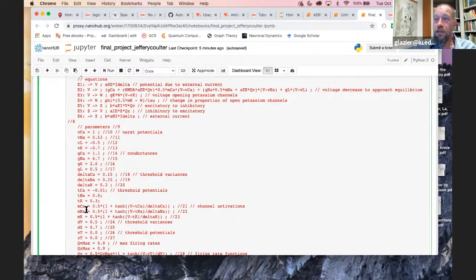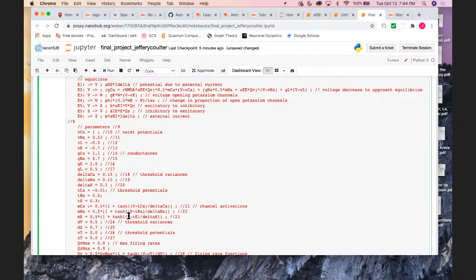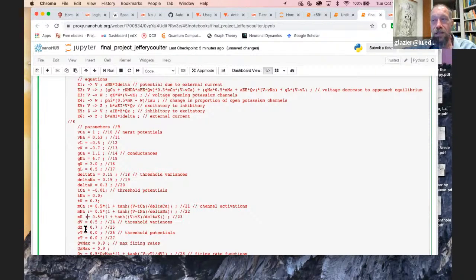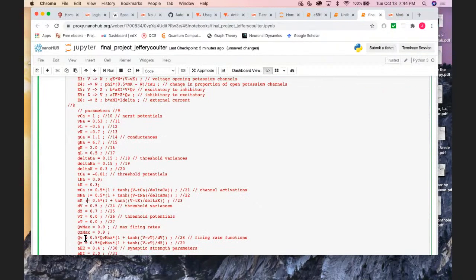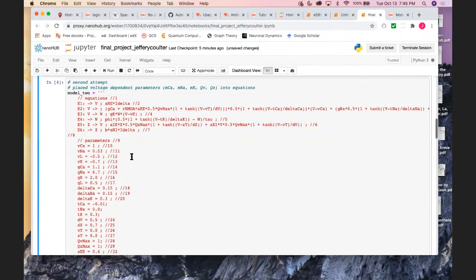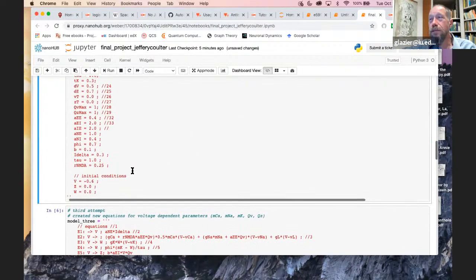Just the way in Python equals is an assignment, but double equals evaluates equality. Colon equals says that this is something that has to be updated. So why don't you try that and see what happens?